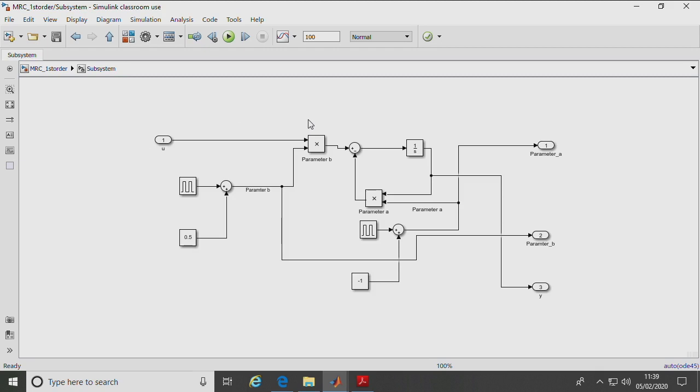I said, okay, I want to be a bit harsher. I created a first order system, and my A parameter, even though it is always constant, is only piecewise constant in time. So I simply changed my A parameter over time. I want to make life a bit more difficult.